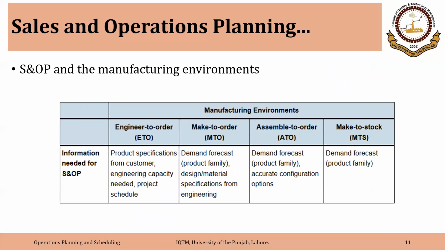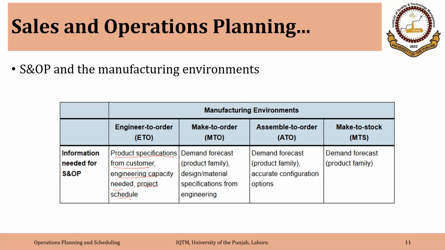Now, S&OP differs for different manufacturing environments, as we have discussed in the first module, that the manufacturing lead time is different for different production environments. So for engineer to order, the S&OP process focuses on product specifications for a specific customer order, engineering capacity needed, and project schedule.